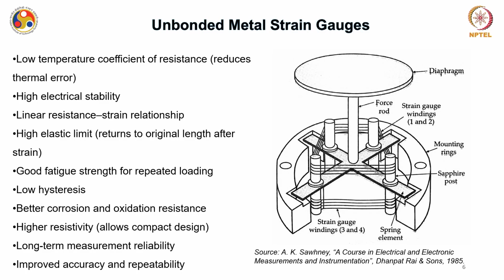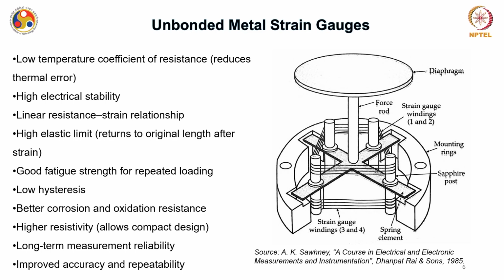These devices require low hysteresis, and these alloys ensure low hysteresis associated with the wires. They also have better corrosion and oxidation resistance, and higher resistivity as compared to their metal counterparts, and this allows a compact design, meaning a shorter length wire can do the work.